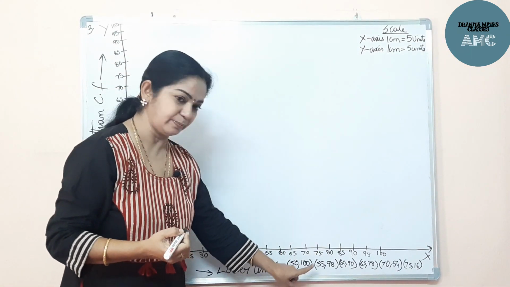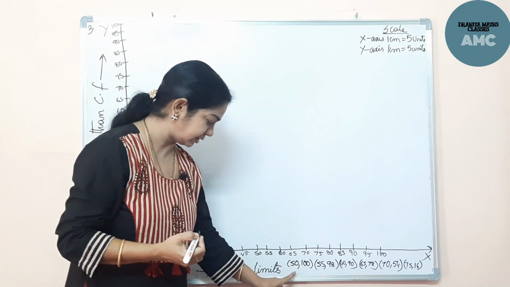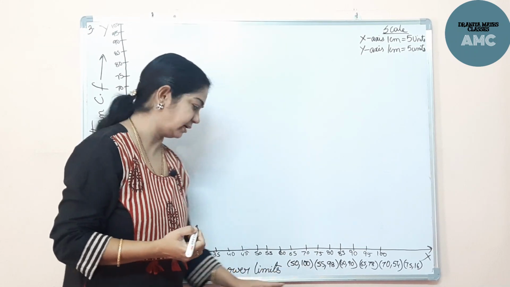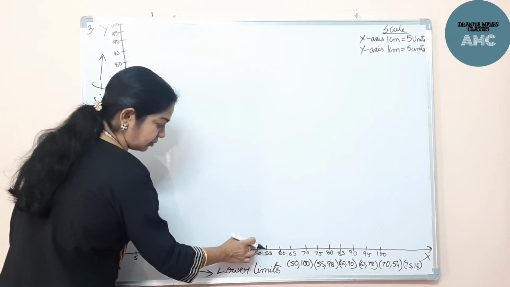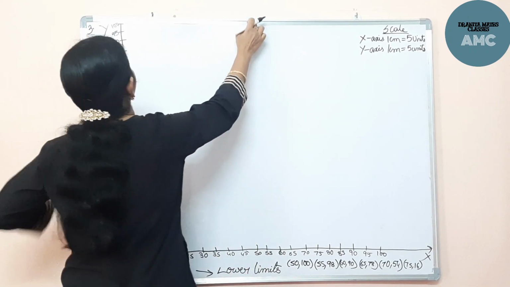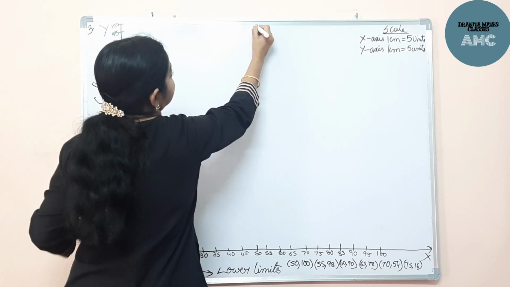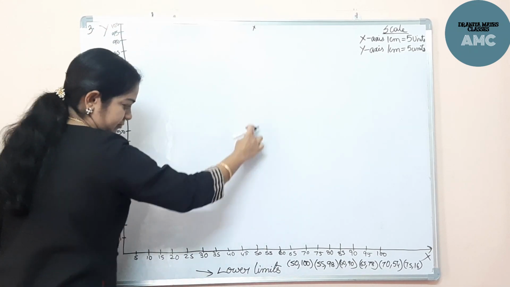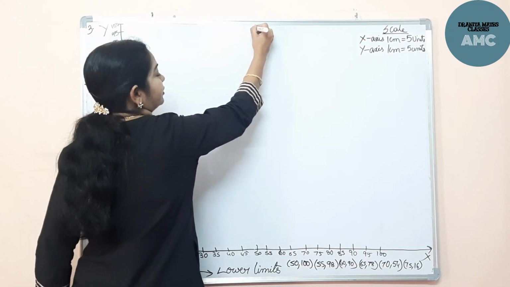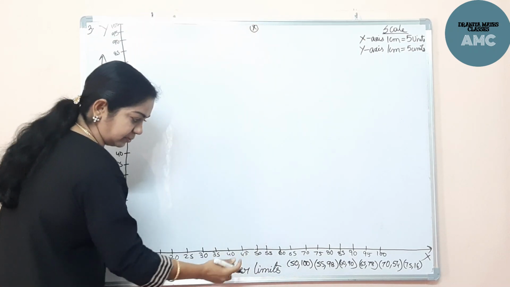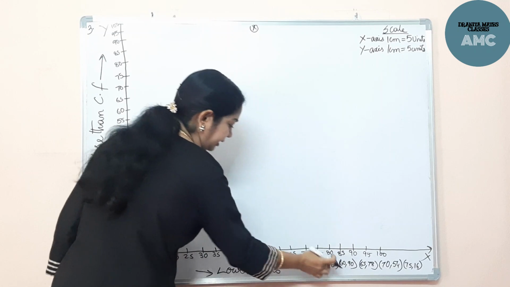Here I have noted down the points because I have erased them. 50, 100. So 50 on the x-axis, 100 is the last one here. Now the second point is 55, 98.